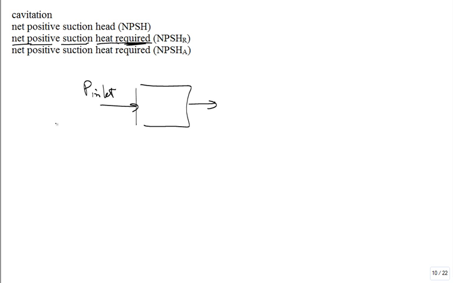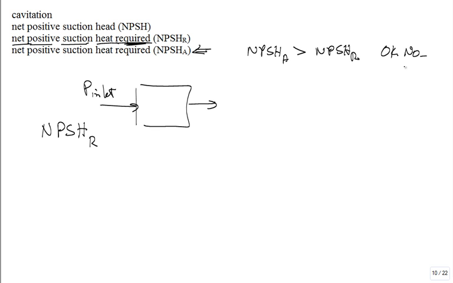So on the inlet, they have something called net positive suction head, okay, and the manufacturer will say this is the minimum that is required. You need to make sure that the net positive suction head that's available when it's running is greater than net positive suction head required, and you're all okay. No problem with cavitation. But if the net positive suction head available when the pump is running is less than the net positive suction head reported by the manufacturer as what's required, you got a problem with cavitation.